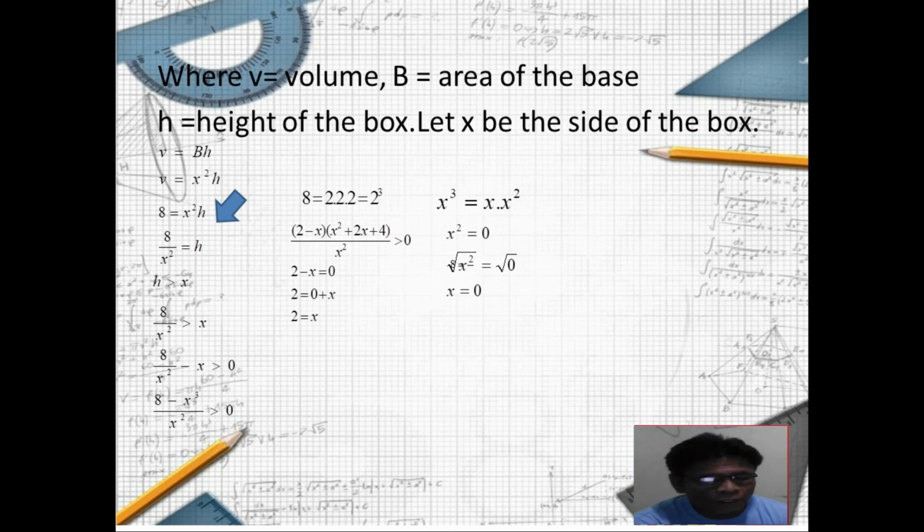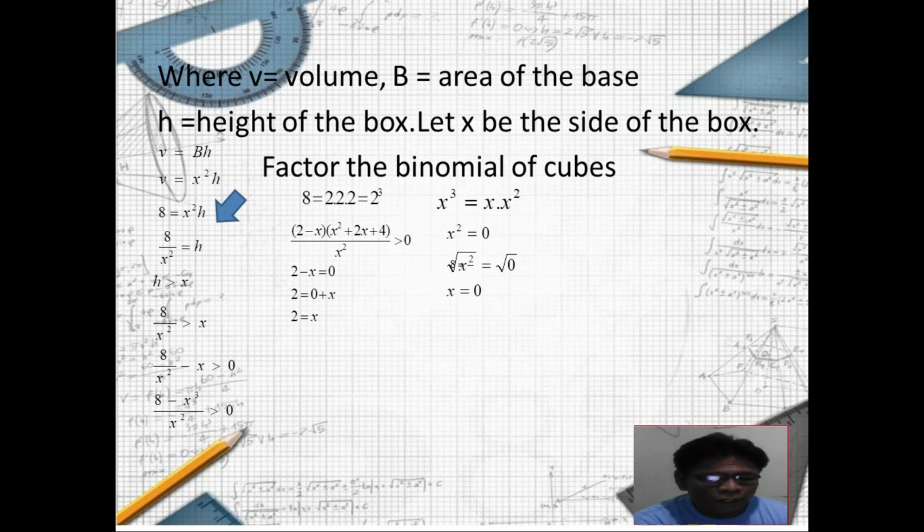That is why we factor the difference of cubes, the binomial of cubes. Okay, factor 8, that is 2 cubed or 2 times 2 times 2, and x cubed, that is x times x times x.